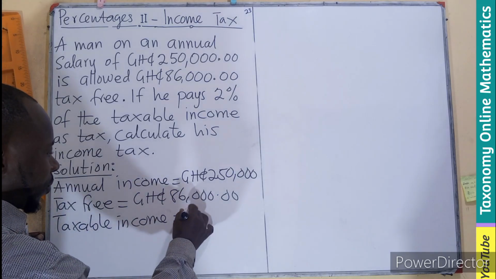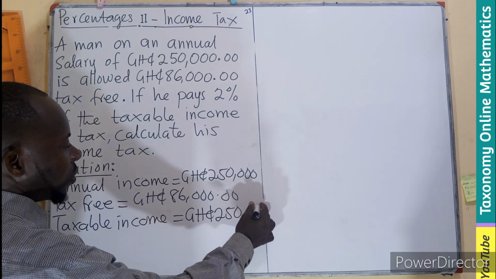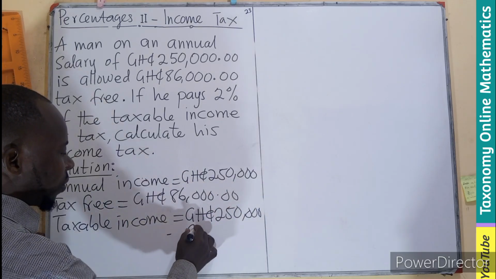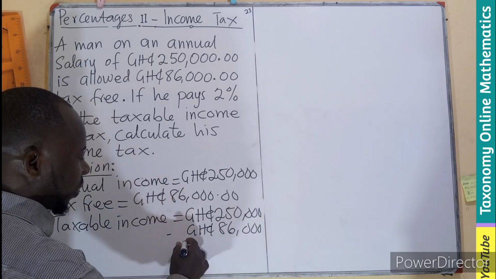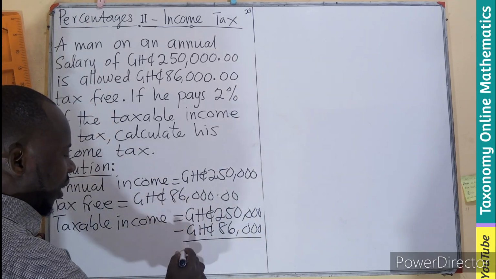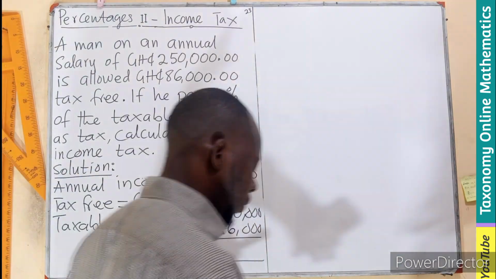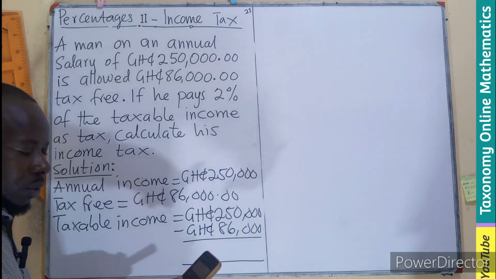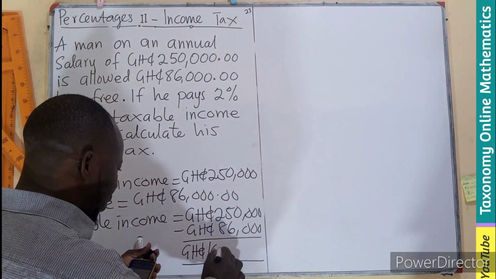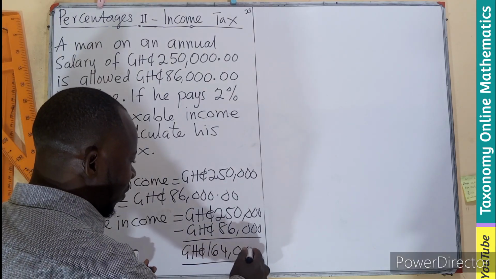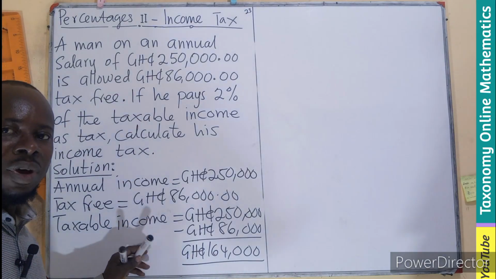So this becomes 250,000 minus 86,000. Let's subtract that and see. So that calculation will be giving you 164,000. All right, so 164,000 is the taxable income.